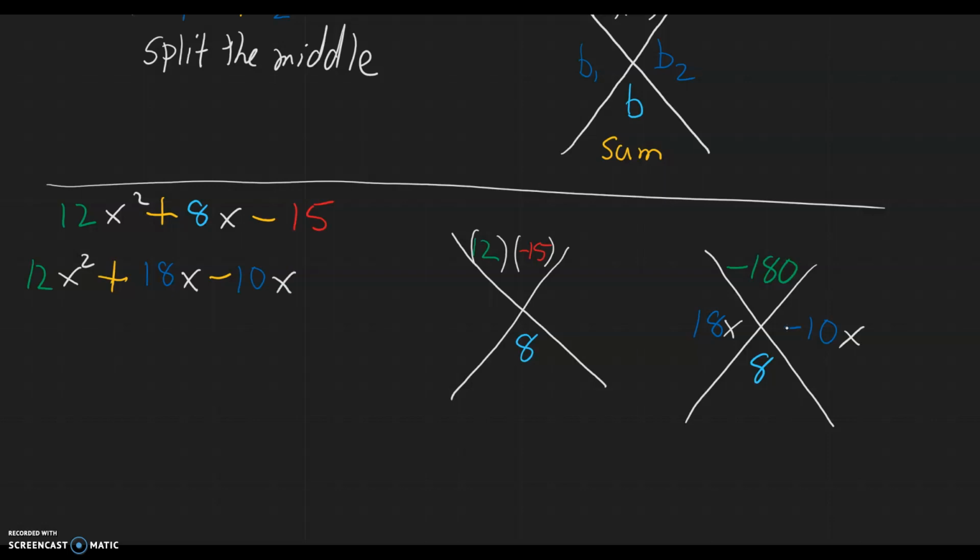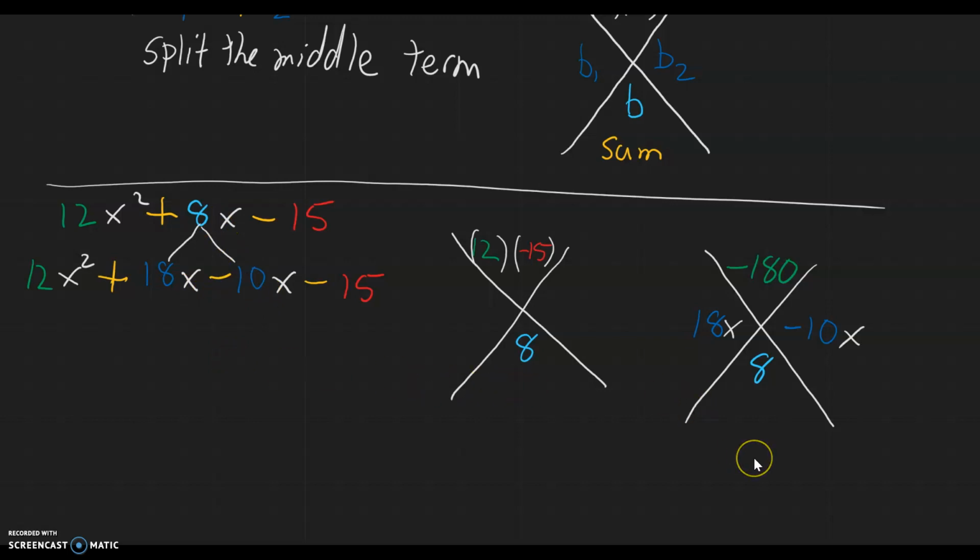And then, of course, minus 15. So what I've done is I've split the middle term. Actually, I'll rewrite that up here. Split the middle term is what I'm actually doing. And you can see that the 8 has become an 18 and a negative 10. So it's still the same value. 18x minus 10x is 8x.